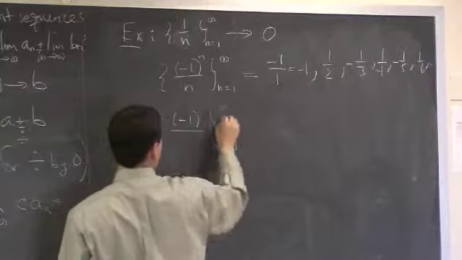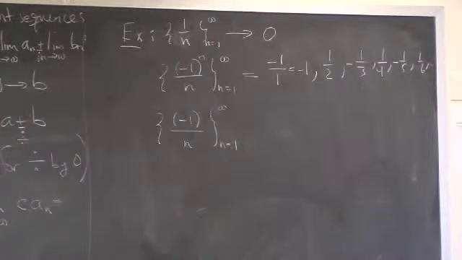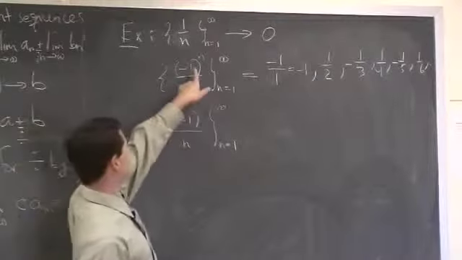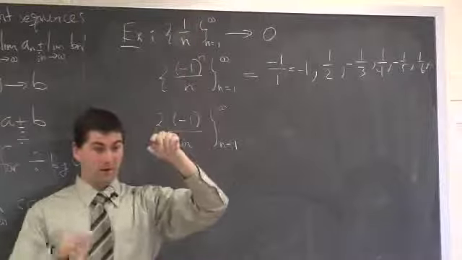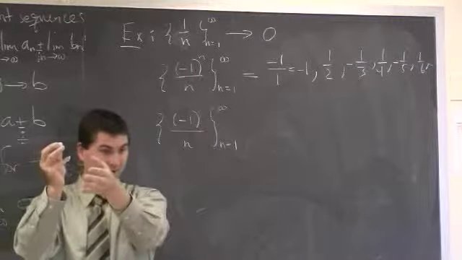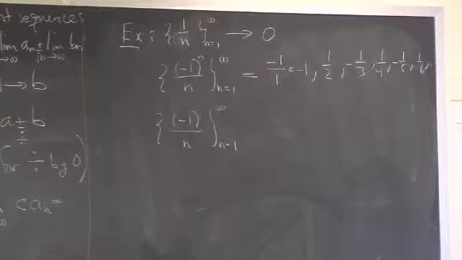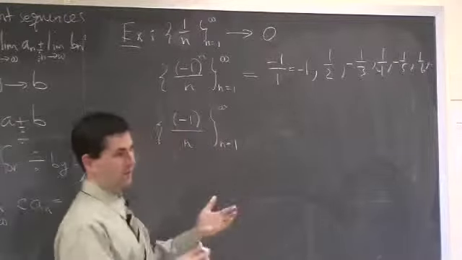I'm still going to use this, but I can just change this exponent, actually. I could do negative n, and what would that do? The first one would be minus 1 to the minus 1 power, which is the same as 1 over minus 1 to the 1 power, which is 1 over minus 1, which is still minus 1. So it still didn't solve our problem. What's that? You could square it? Okay, so if we squared it, then you'd get 1 squared, which is still 1. So we still have minus 1 to the 1.